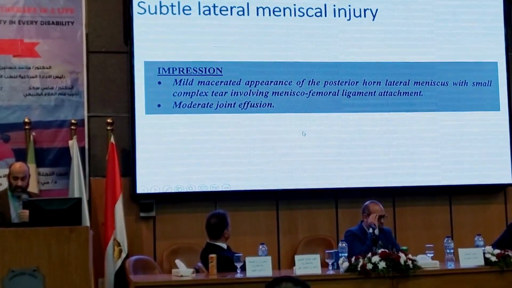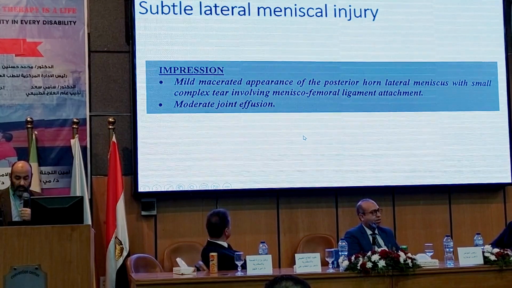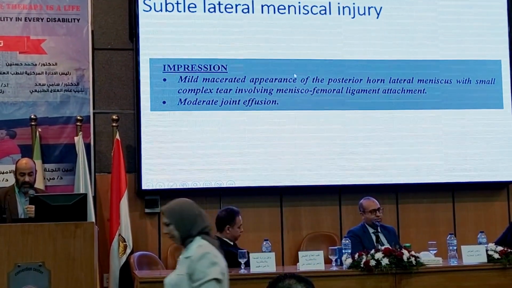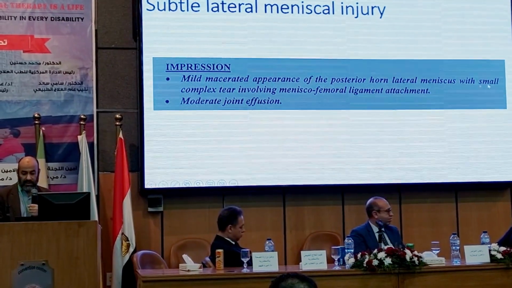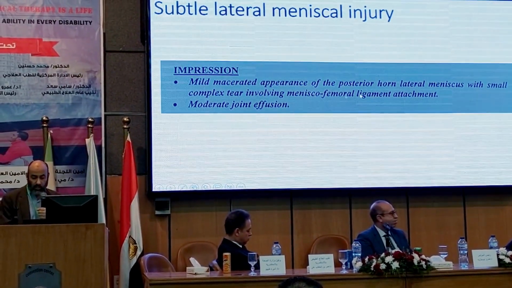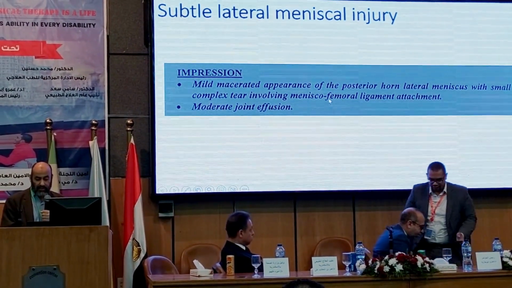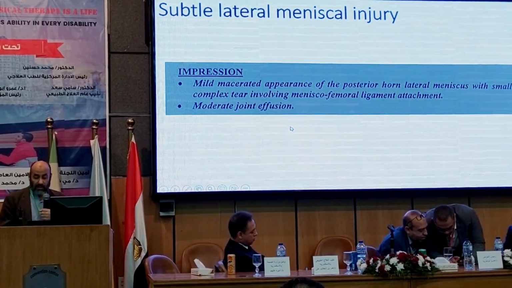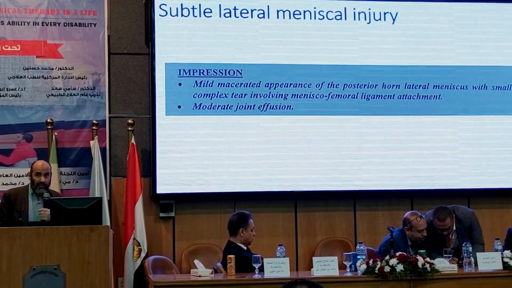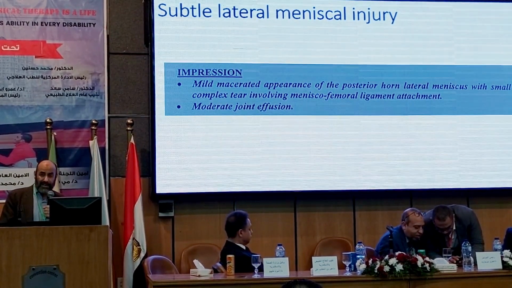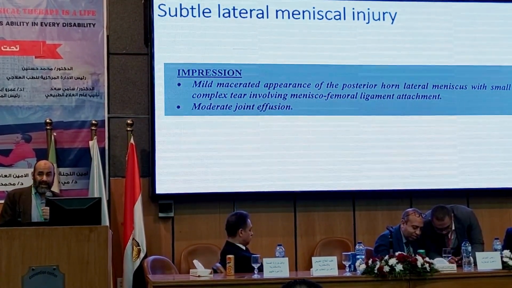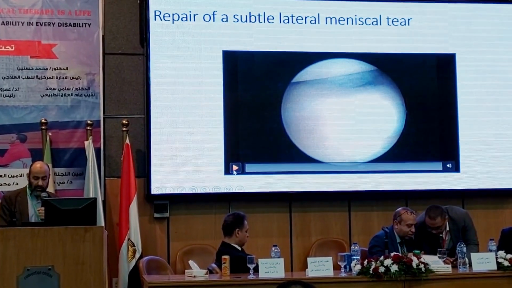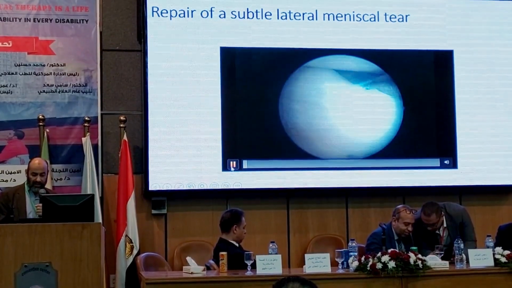The radiologist who is interested in sports gave us this impression: mild macerated appearance of the posterior lateral meniscus with a small complex tear involving the meniscofemoral ligament attachment and joint effusion. But the patient is giving a definite history of injury, and he is unsettled and having some attacks of catching. We took him to the OR with no reluctance, and this is what we found.